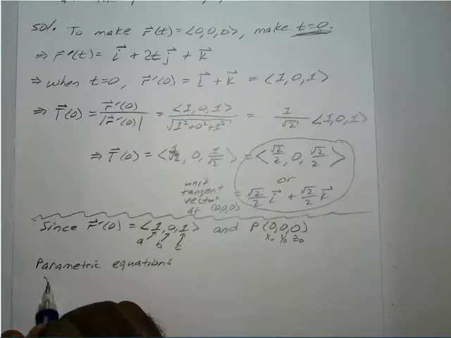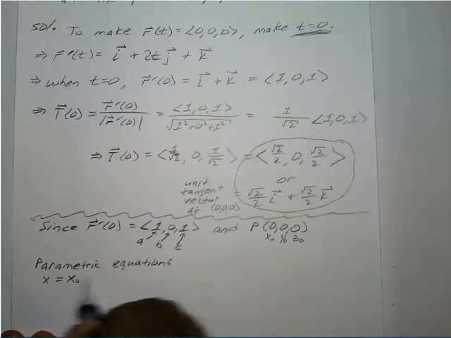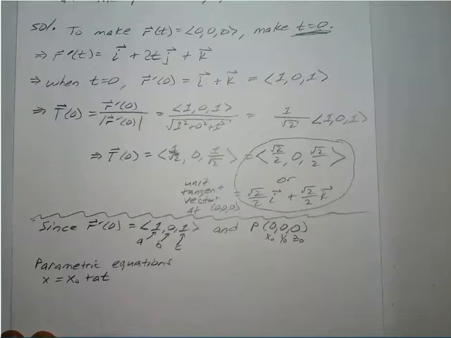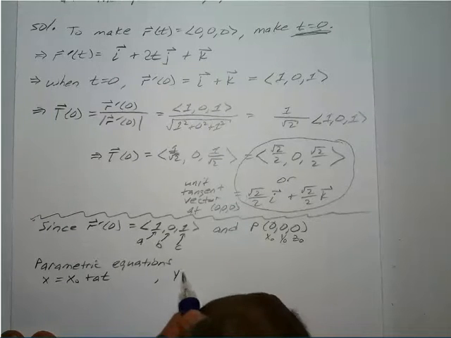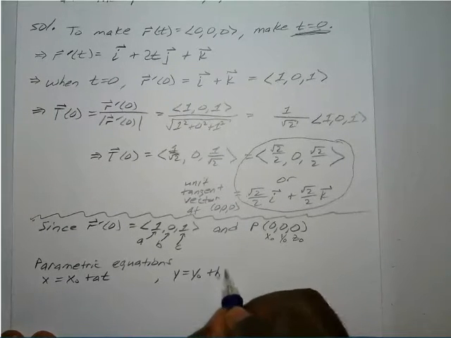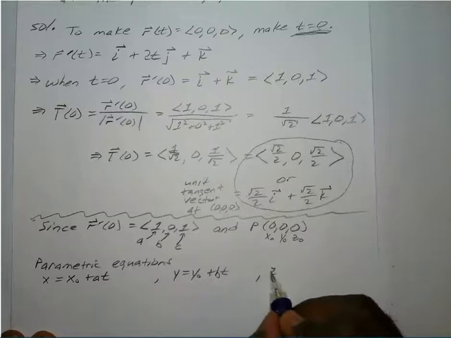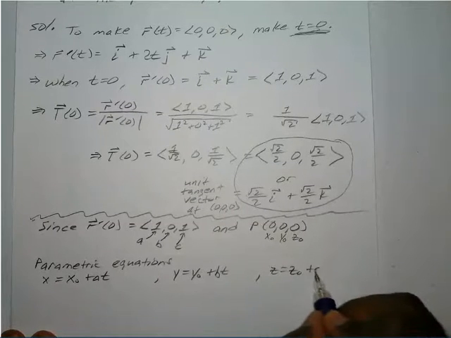Okay, so you have x equals x0 plus a times t, y equals y0 plus b times t, and z equals z0 plus c times t.